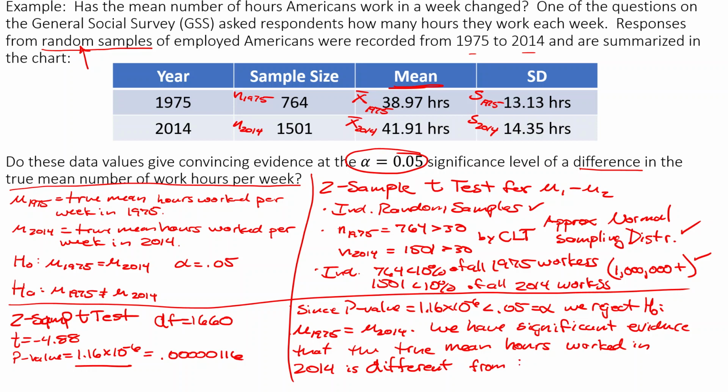I'm going to say it as "in 1975" because I don't know if I have enough room to write out the true mean hours worked in 1975. All right, so there we go.